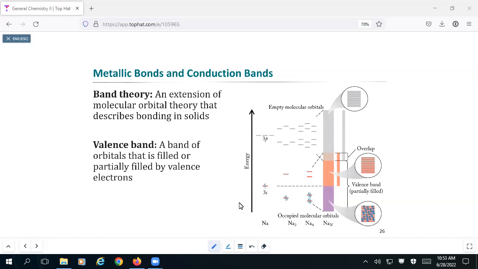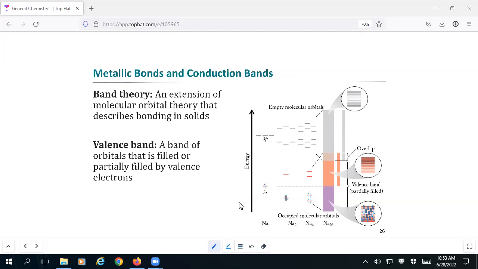What we start to see is that they will split into two different camps. One camp is lower in energy and conducive to bonding. We call those bonding orbitals. Another camp is higher in energy and less conducive to bonding. We call those anti-bonding orbitals.